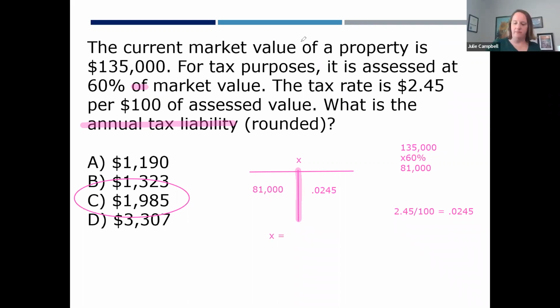Did you do the 81? Okay, so I do 81,000 and I divide it by the. Don't divide. Oh, I don't divide. Multiply. Oh, okay. Yep.